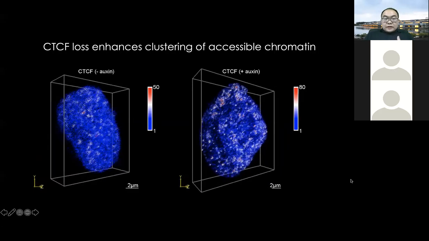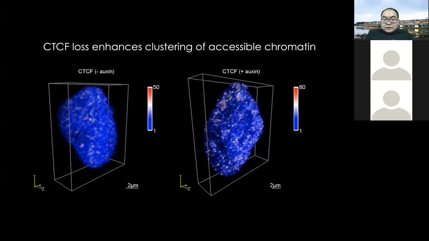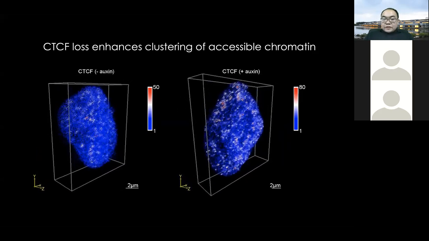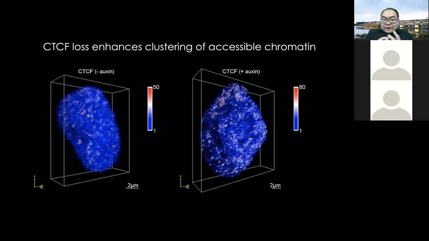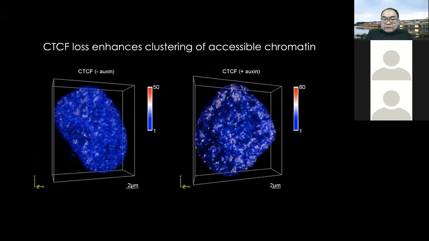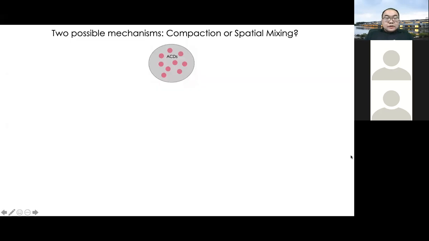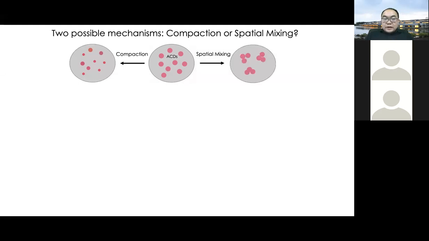What we found is that if we deplete CTCF from the cells, those clusters seem to become much more compact. As a result, the accessible chromatin actually has higher density in the cell. As I already alluded to, there are two possible mechanisms that could lead to this enhanced clustering. One is compaction, and the other is spatial mixing.